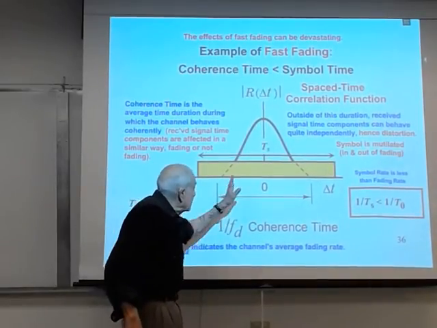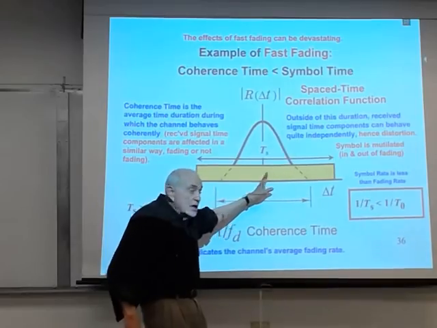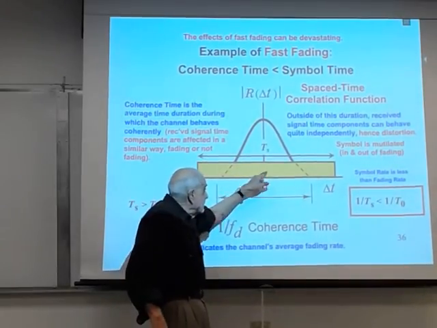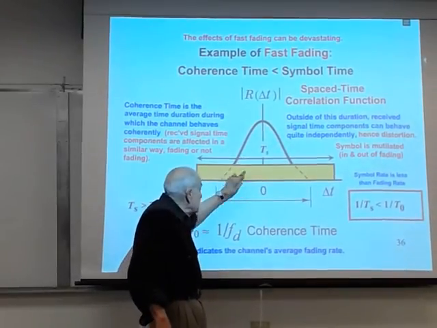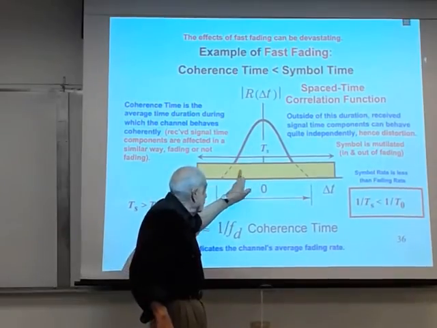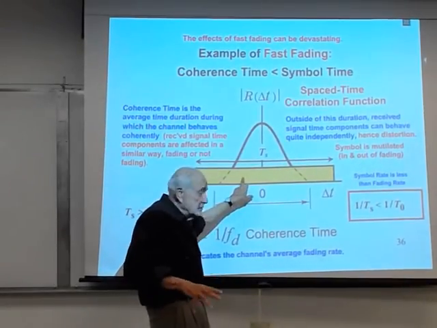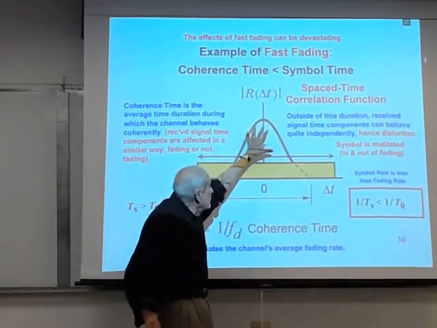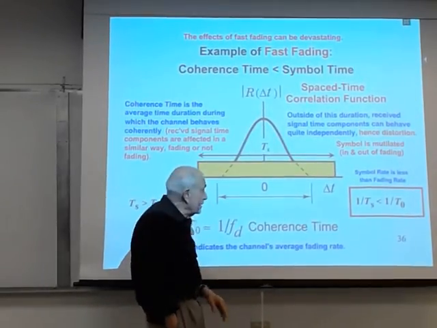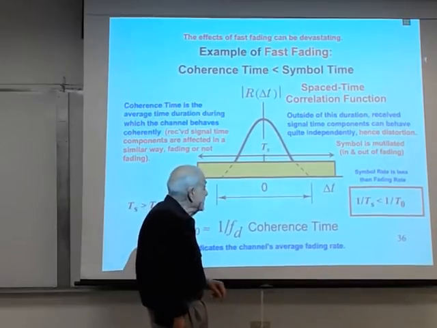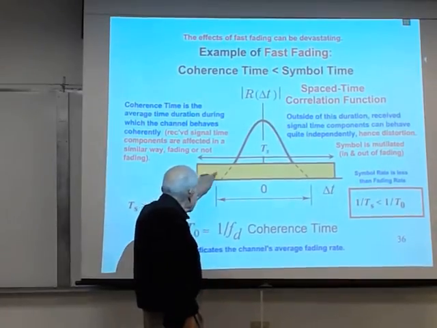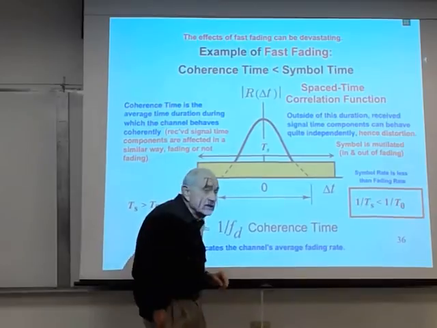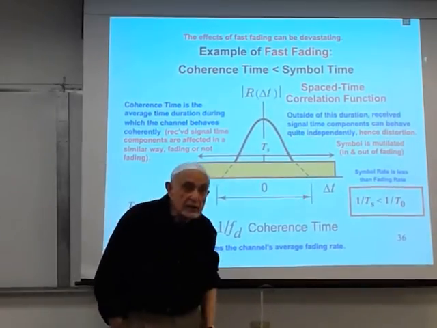Only some of the time region of your signal is going to come through unscathed, highly correlated in time. Outside of this, they're going to be in a fade, out of a fade, in a fade, out of a fade. It's going to be quite mutilated going out.